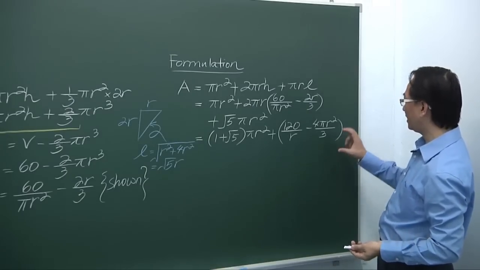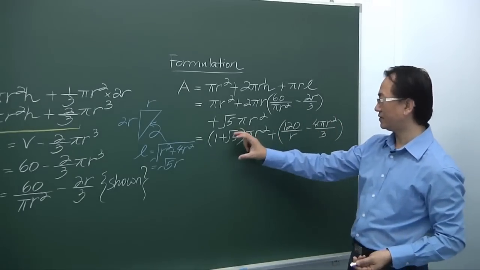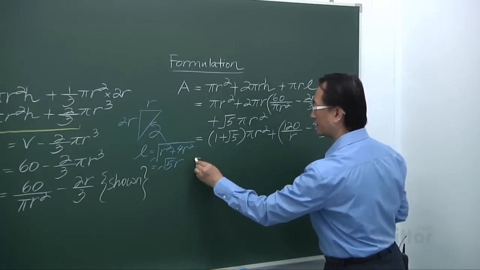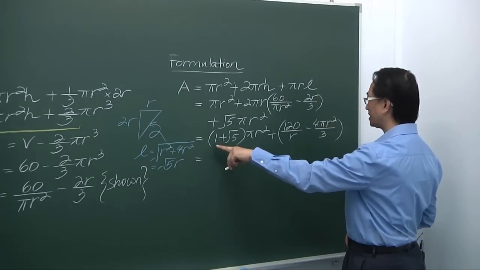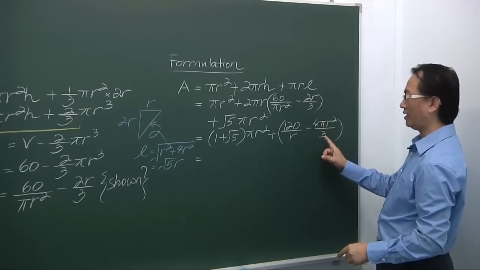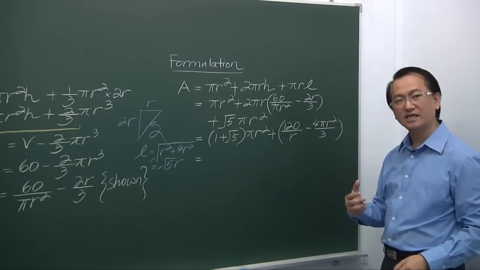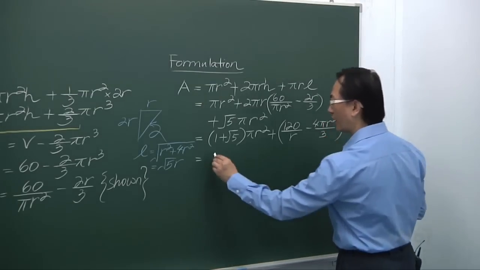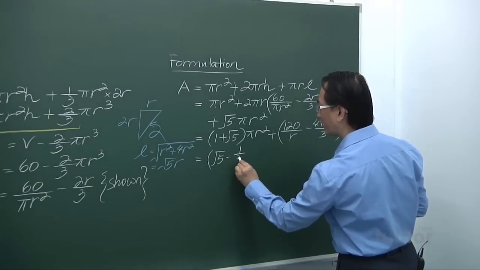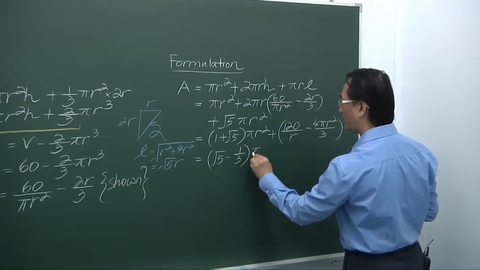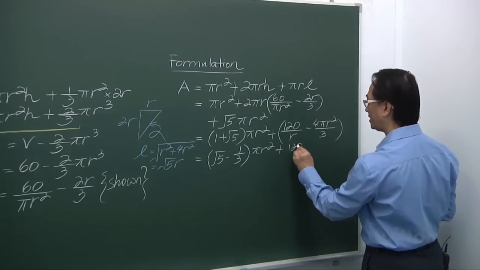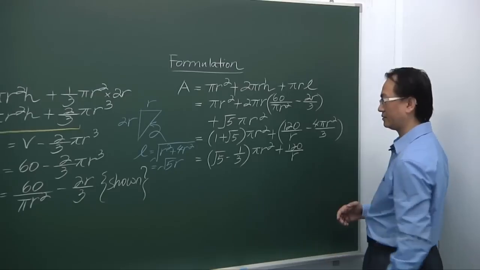So you can see this is another like term. So I can combine these two together, particularly with this 1 minus 4/3. 1 minus 4/3 is negative 1/3. So I will have square root 5 minus 1/3 bracket pi r squared plus 120 over r.